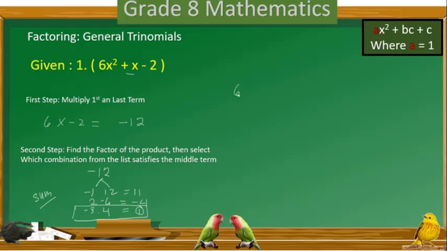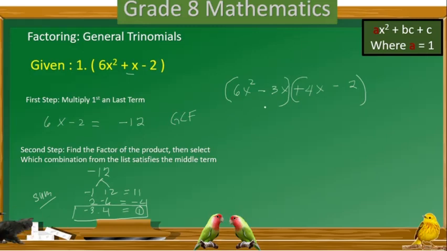So 6x squared, instead of writing x, we will write negative 3x, positive 4x, then minus 2. After, we are going to group these by 2. Then we will find the greatest common factor, or the GCF, of the two groups.